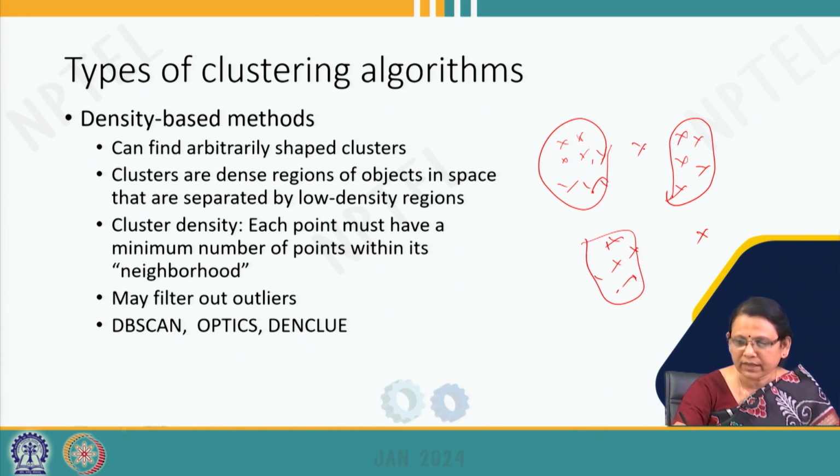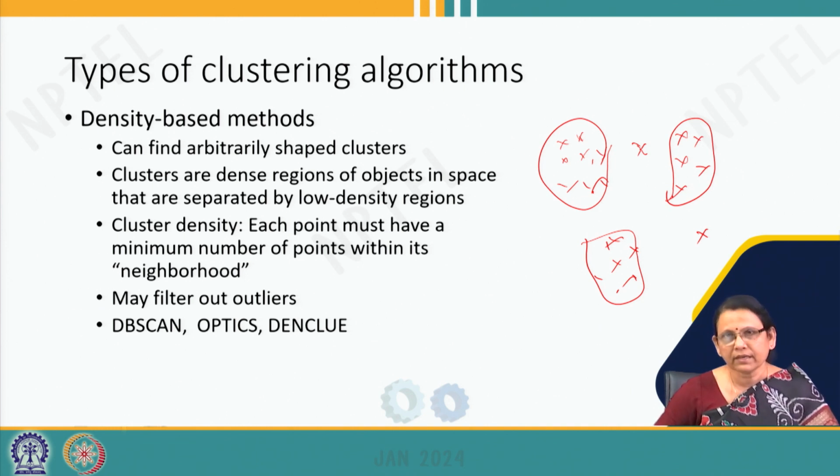With this, now you can see the points which are away from any densely populated region can be termed as outliers. So, these techniques can also help in filtering out the outliers. To tell once more, this can have arbitrary shaped clusters.